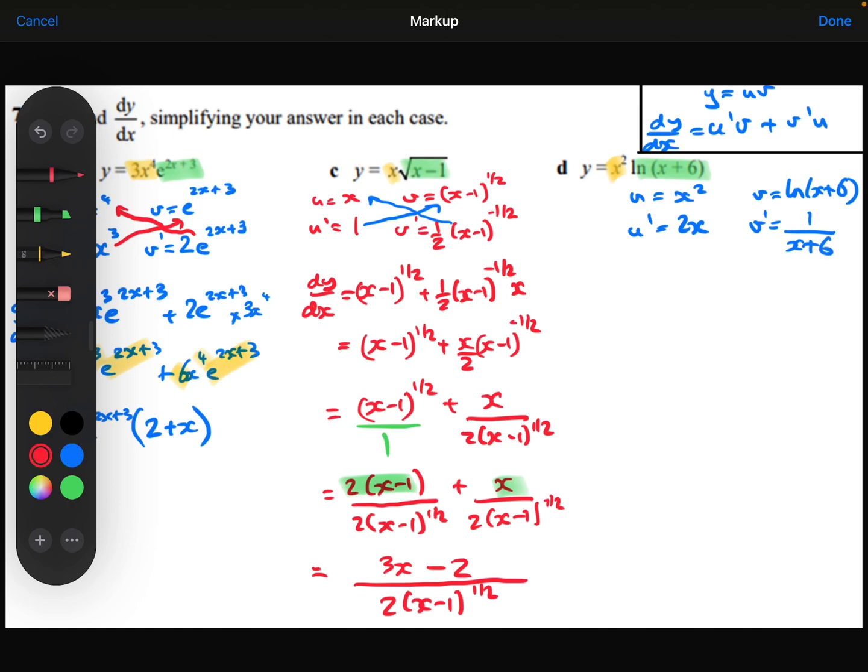Applying the product rule, so u dash times v plus v dash times u. So we'll get 2x times ln of x plus 6 plus x squared times 1 over x plus 6. And that is probably as simple as I can write that answer. So I think I'm going to leave my answer like that.